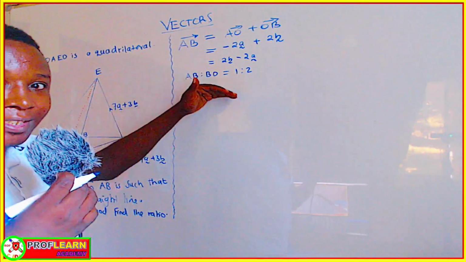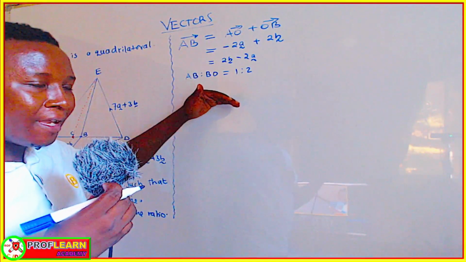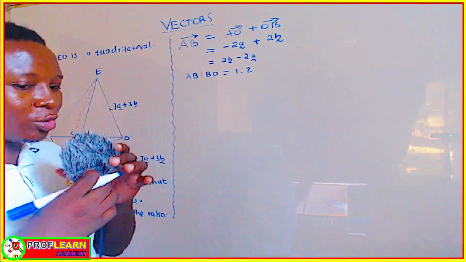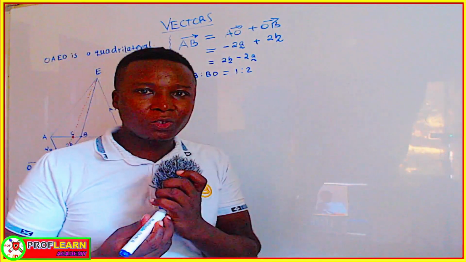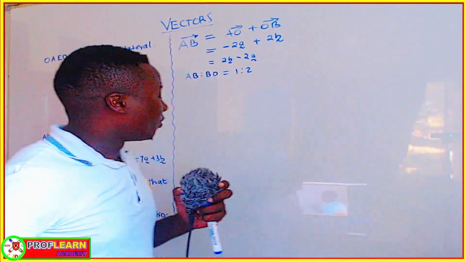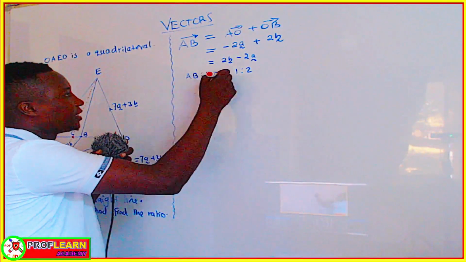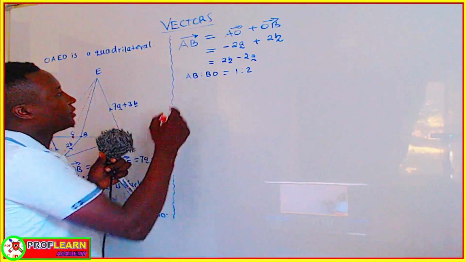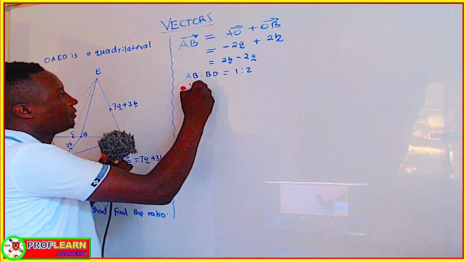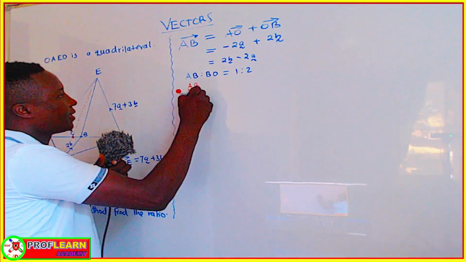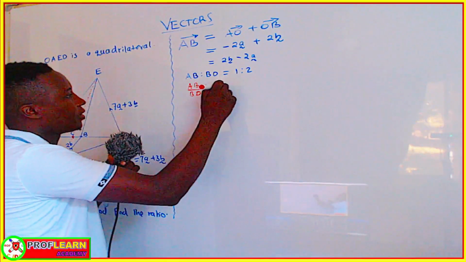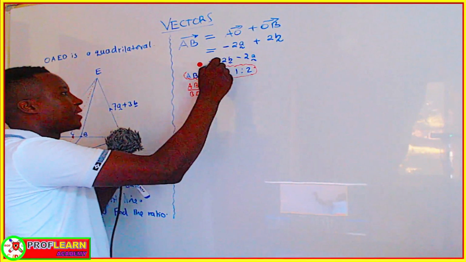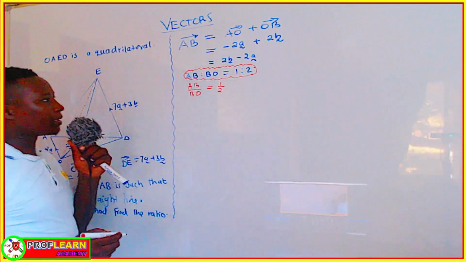We can use this ratio to find BD, and eventually we are going to use it to find what AD is going to represent. So when you are given a ratio like this, it means AB over BD can be written as 1/2. We can express this ratio as a fraction in this particular manner.